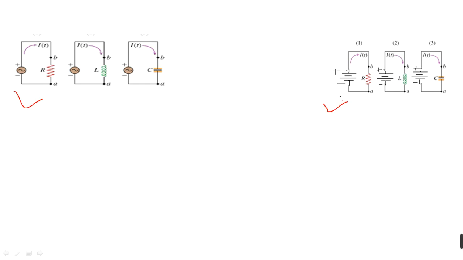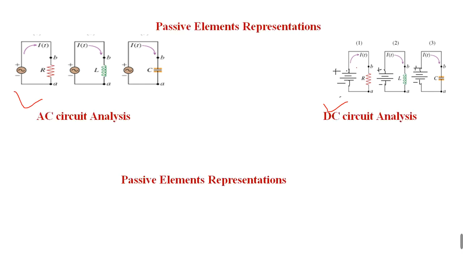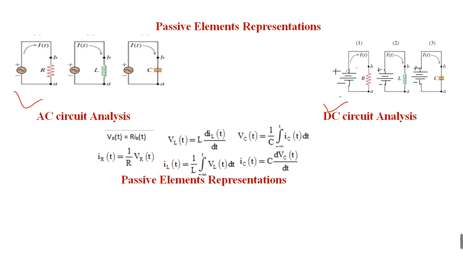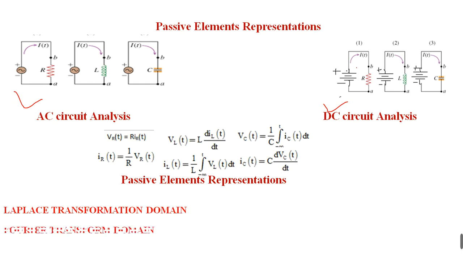Before starting the theorems, I would like to tell you the steady state analysis of AC and DC passive elements representation. This is the formula you have to remember always in the time domain. Our next aim is the Laplace transform domain and Fourier transform domain. The formulas I described on the screen are in the time domain.